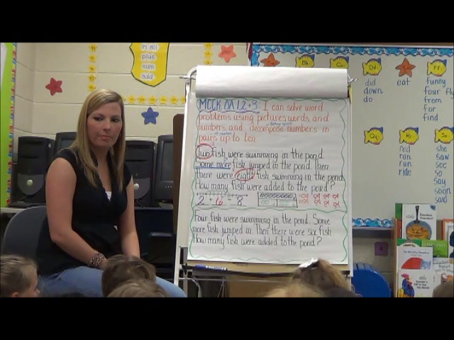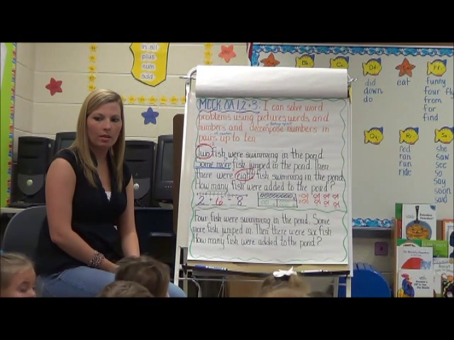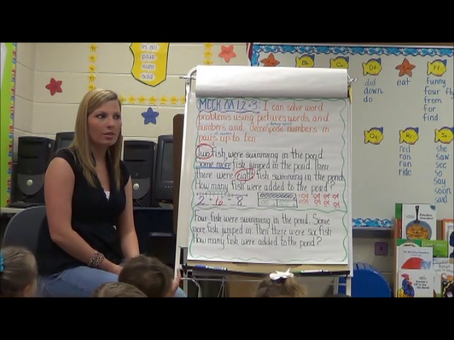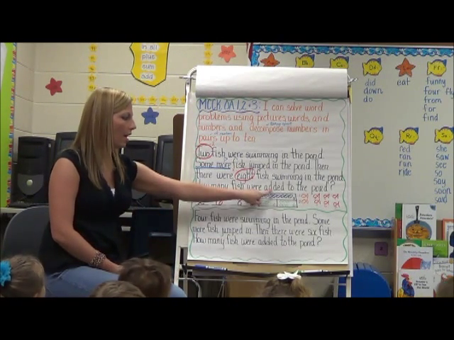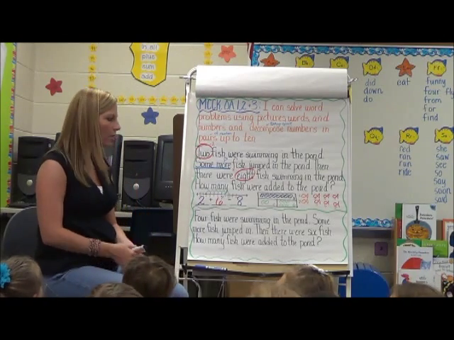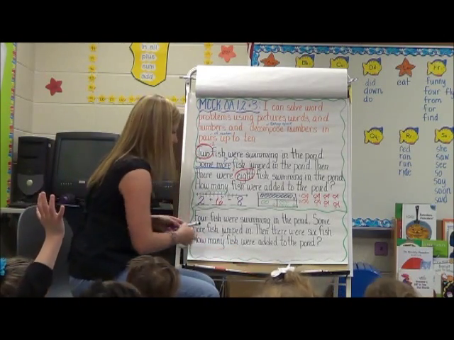There were 6 fish swimming. Okay, what I say? There are 6 fish swimming in the pond, or there are 6 fish that jumped in the pond, or that added or jumped into the pond. Very good. I'm glad you guys helped William out. That's wonderful.